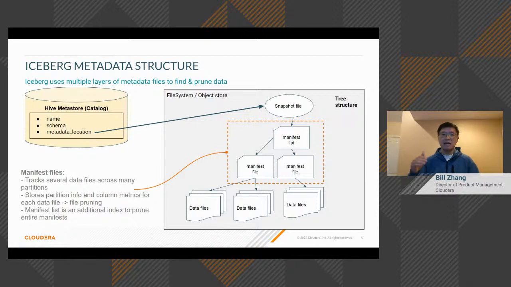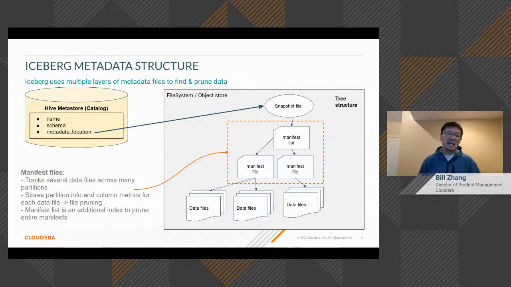And the next level is really the data files, a file that actually contains the actual rows of the table. So this is a physical data file, and it supports file formats such as Parquet, ORC, and Avro, right? So this is the actual data file.